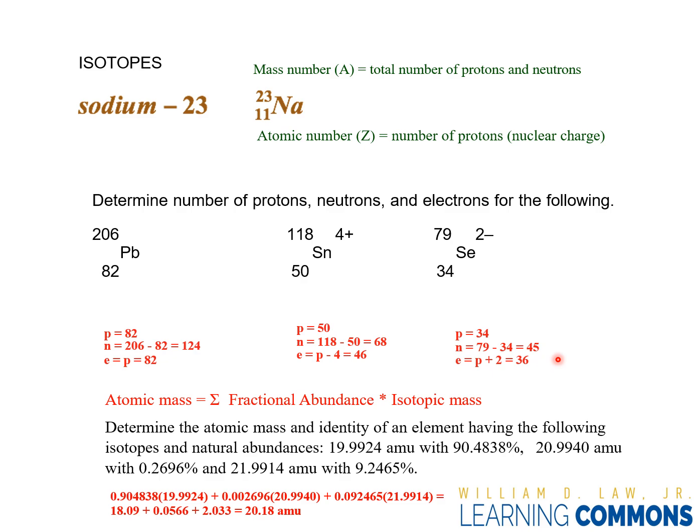And for the other example, the fractional abundance, this is the topic we have to know, like the abundance of the element in the environment.